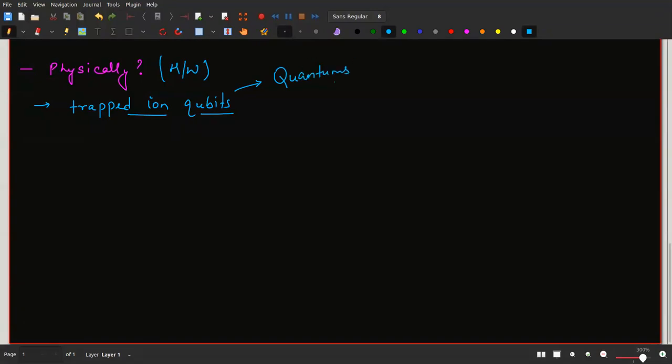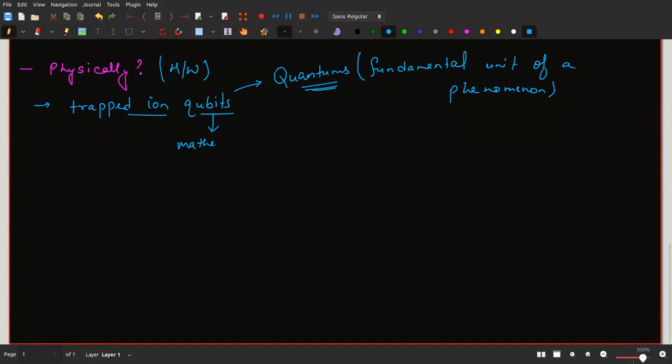Right? Now, what is a quantum? That I also explained. It is the fundamental unit of a phenomenon, like light, energy, etc. So that means physically we have quantums. A qubit is a mathematical entity, and a quantum is something that actually physically exists in our world.